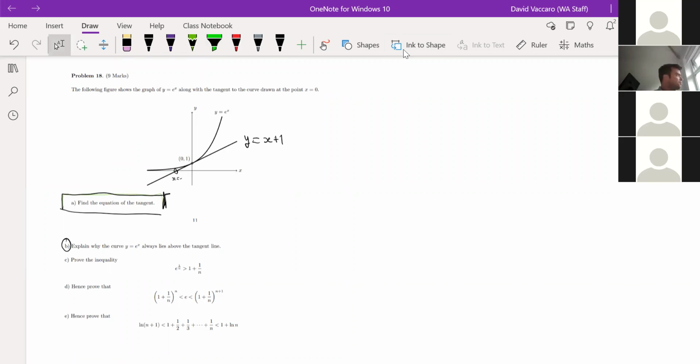There's a property of the curve y equals e to the x which guarantees it lying above its tangent. Well, someone suggested strictly increasing, but that's not enough, okay? Because here's a curve that is strictly increasing. Okay, y equals x cubed.